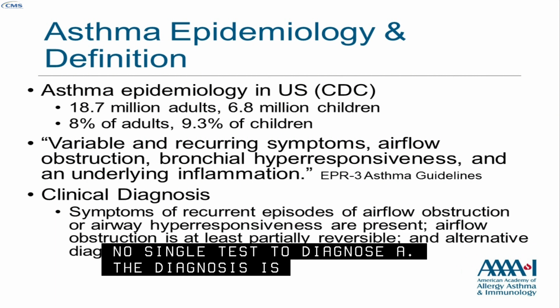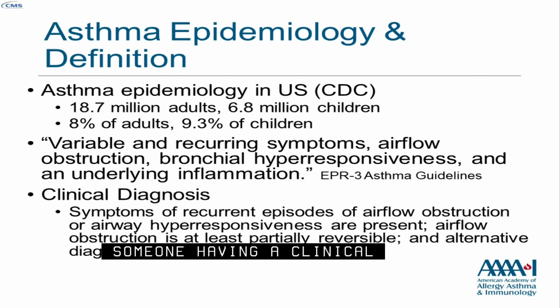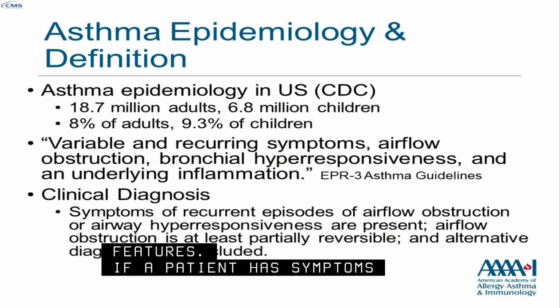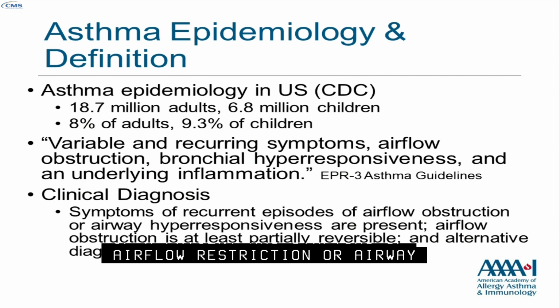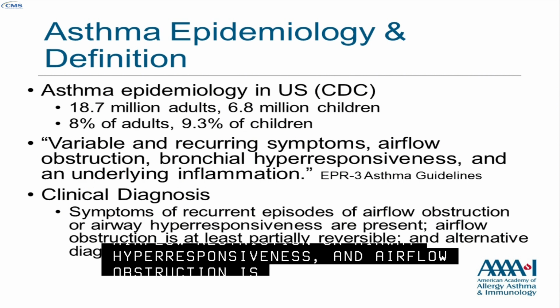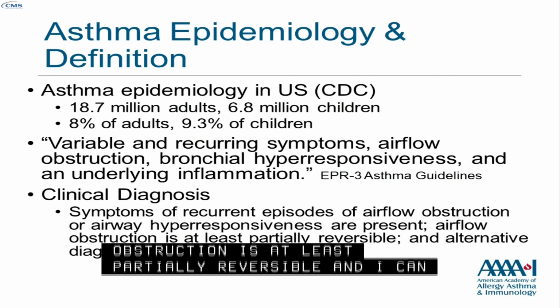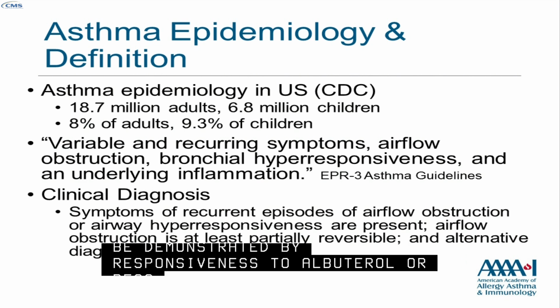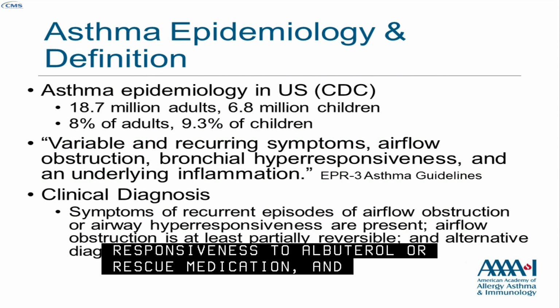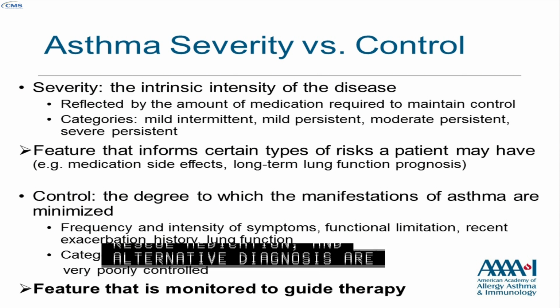So if a patient has symptoms of recurrent episodes of airflow obstruction or airway hyperresponsiveness, and the airflow obstruction is at least partially reversible, which can be demonstrated by responsiveness to albuterol or rescue medication, and alternative diagnoses are excluded, then the diagnosis of asthma can be made.